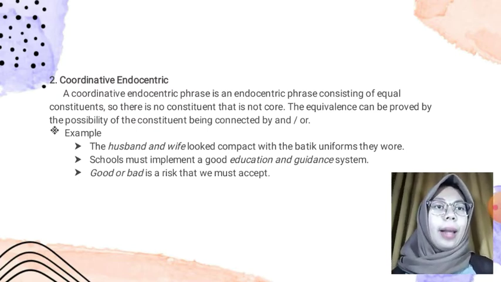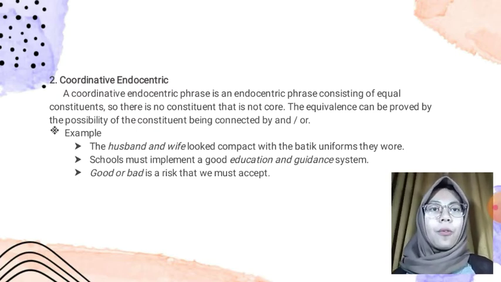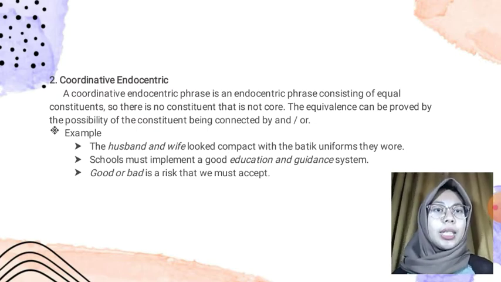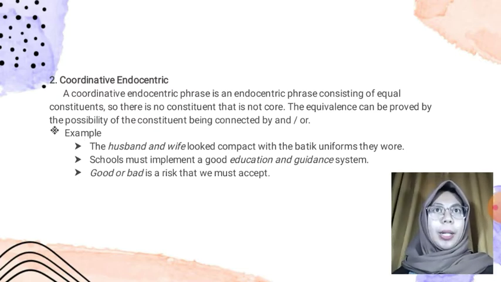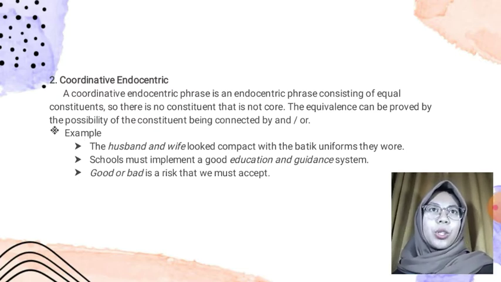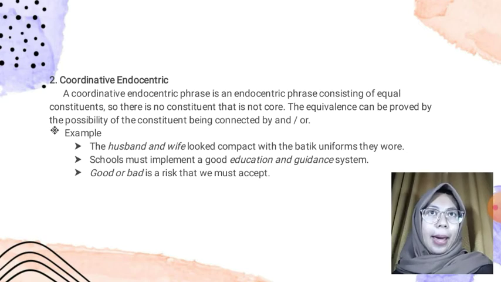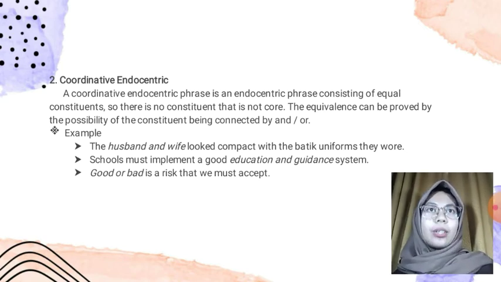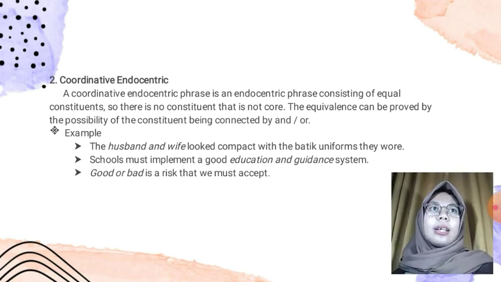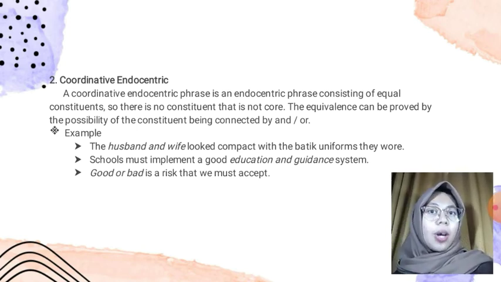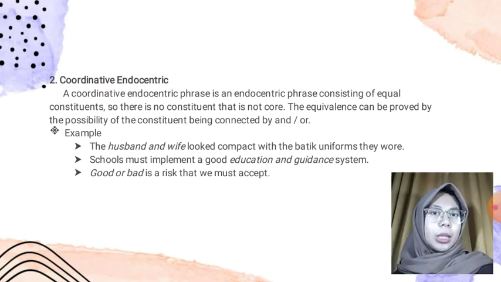The equivalence can be proved by the possibility of the constituents being connected by and or. In addition, the coordinative endocentric is an endocentric pair where all the elements are central elements. For new central elements which have different meaning, the conjunction and or or can be added.